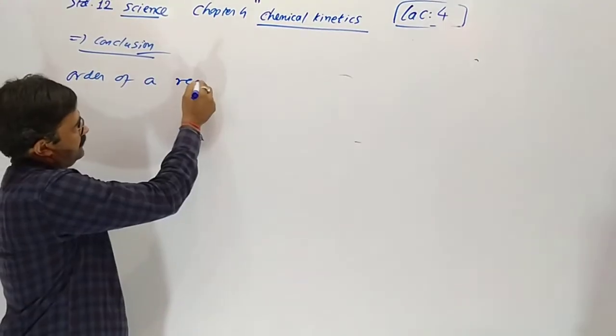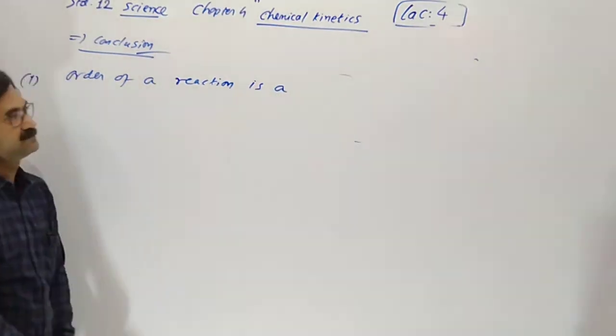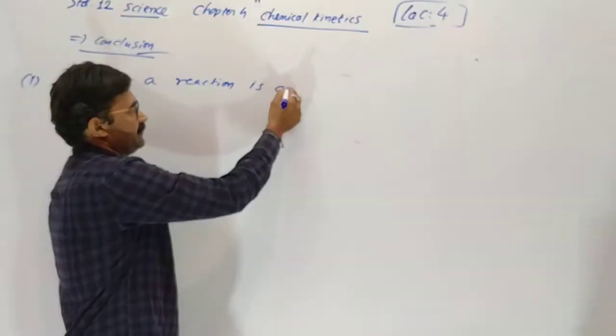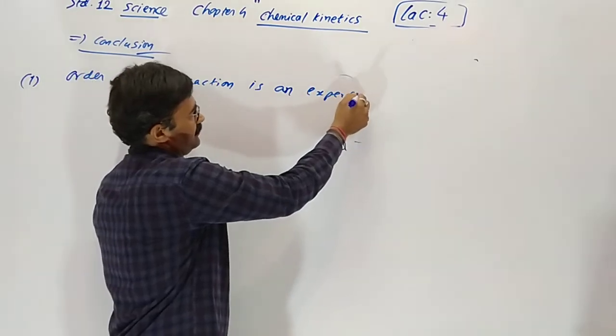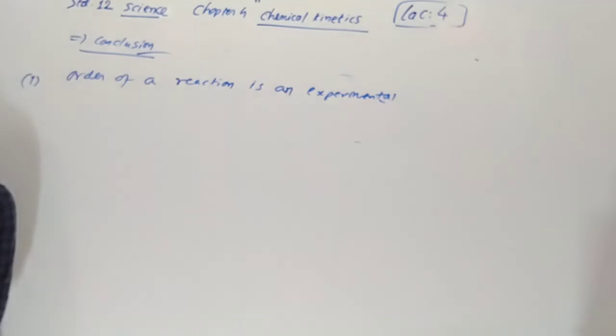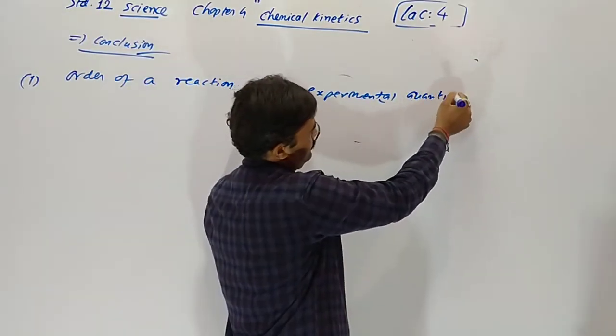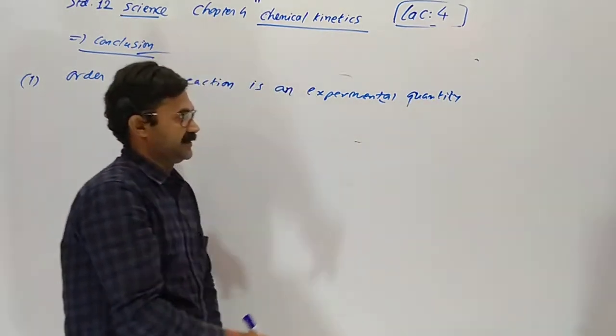Order of a reaction is an experimental quantity.